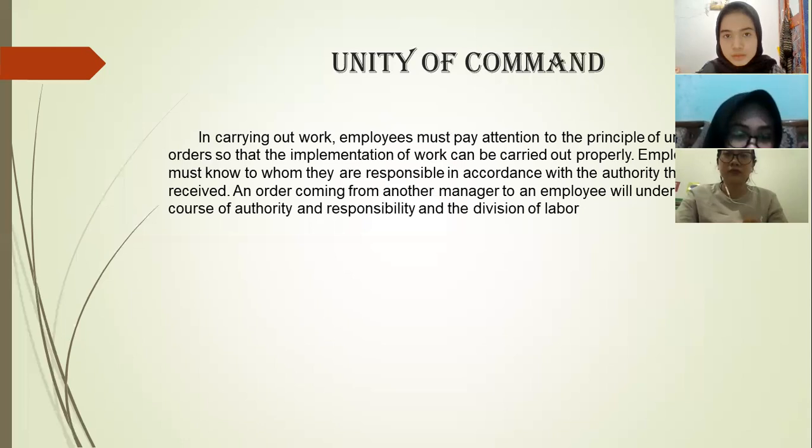Employees must know to whom they are responsible in accordance with the authority they have received. An order coming from another manager to an employee will undermine authority and responsibility and the division of labor.